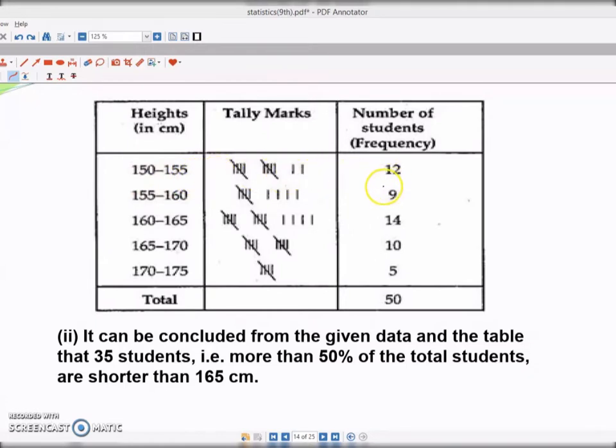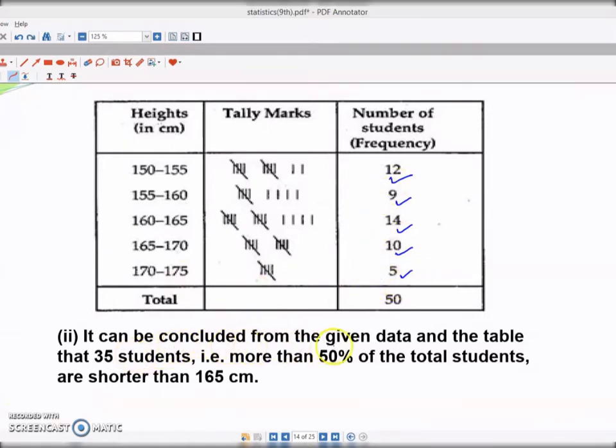There are 12 students with heights between 150 to 155 centimeters. Then there are 9 students with heights between 155 to 160 centimeters. There are 14 between 160 to 165, 10 between 165 to 170, and only 5 students in the range of 170 to 175 centimeters.